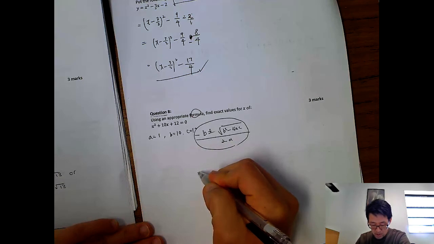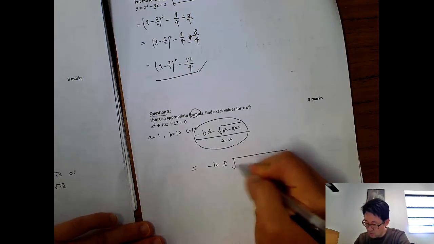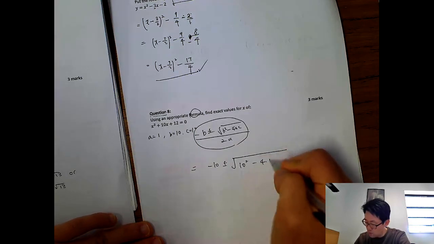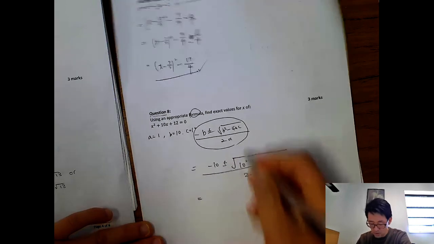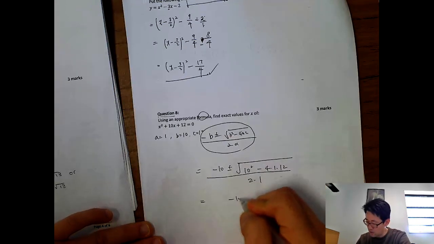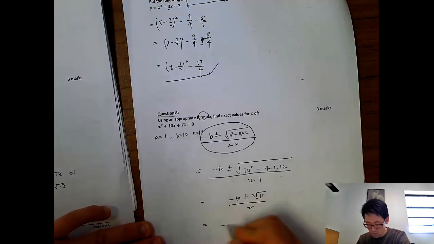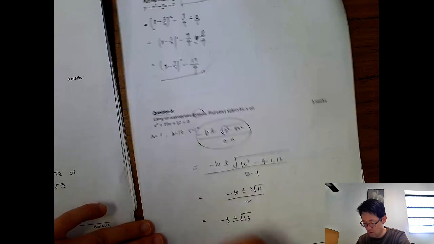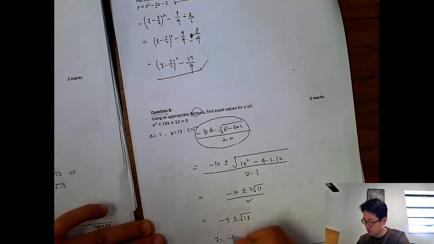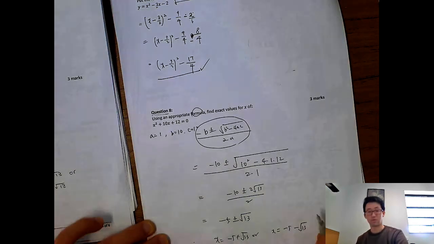So you should get minus 10 plus or minus the square root of 10 squared minus 4 times 1 times 12, over 2 times 1. When you solve it, you should get minus 10 plus or minus 2 root 13, over 2. You can divide each by 2: minus 5 plus or minus root 13. Therefore, x equals minus 5 plus root 13, or x equals minus 5 minus root 13.